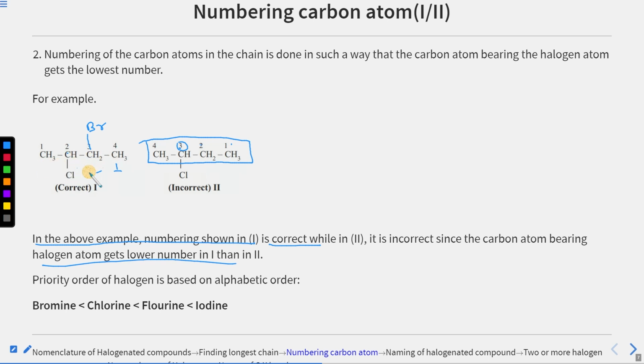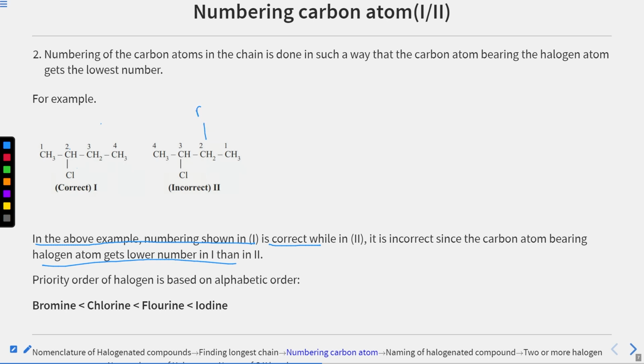So if two halogens collide, we will follow the alphabetic order. The one whose name has alphabet priority will be given the lowest numbering. If I have written bromine here, the numbering will start from here, 1, 2, 3, 4. Did you get my point?